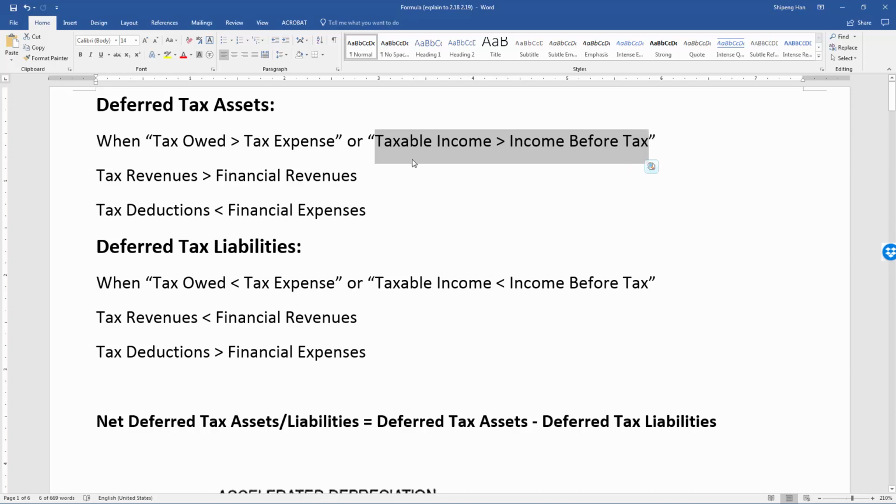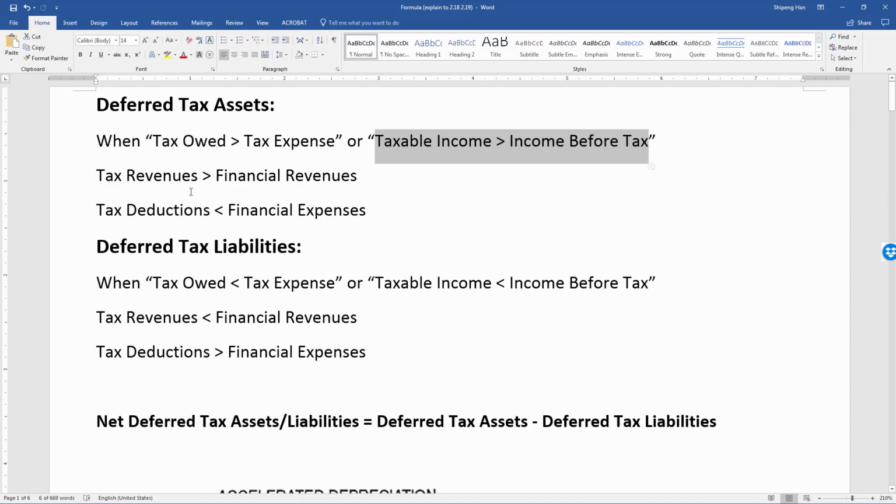Income is determined by the difference between revenue and expense in the financial reporting, and revenue and deductions in the tax reporting. Because of the differences between tax law and financial reporting standards, the tax revenue and the financial revenue are different, and deductions for tax are different from the financial expense.